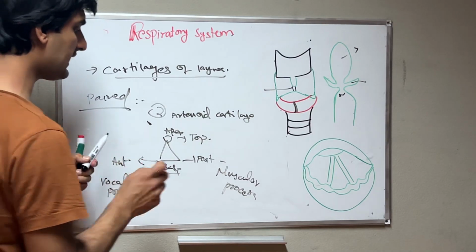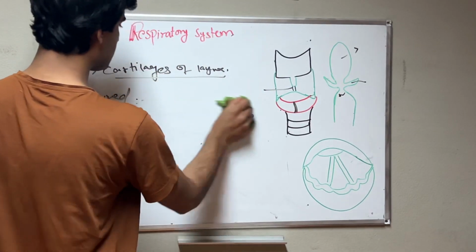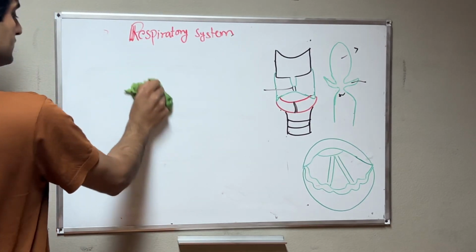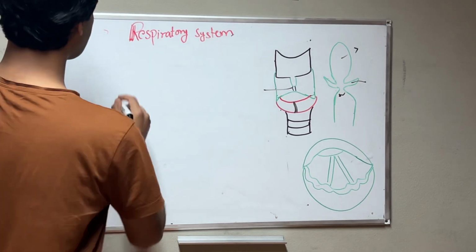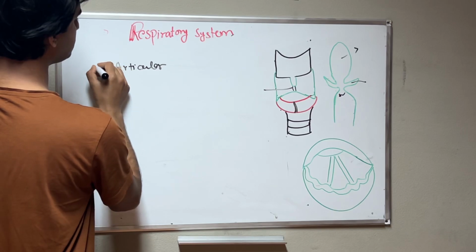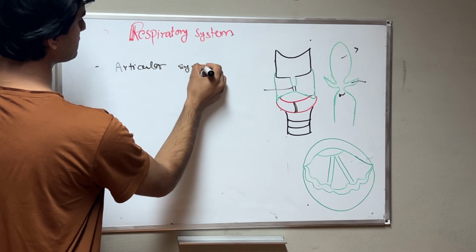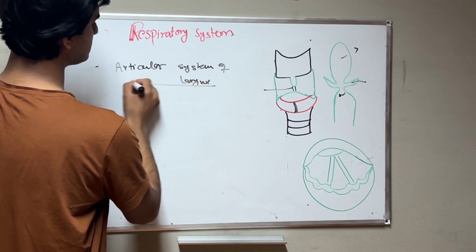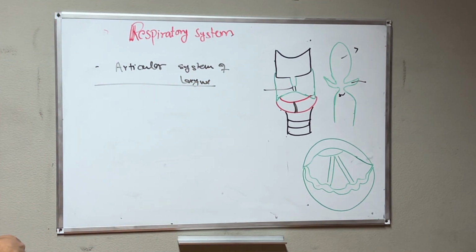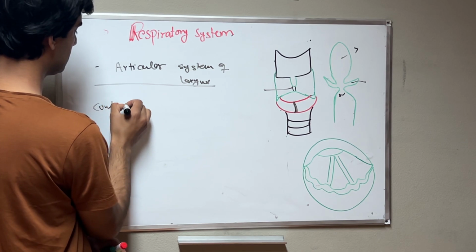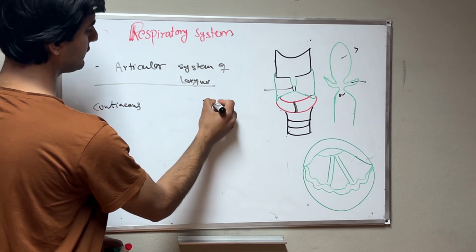Next, the third section, where we talk about the articular system of the larynx. We have 2 types: continuous and discontinuous.